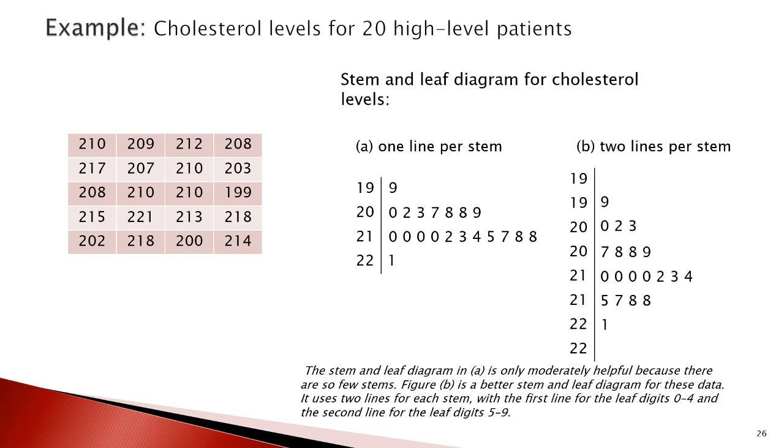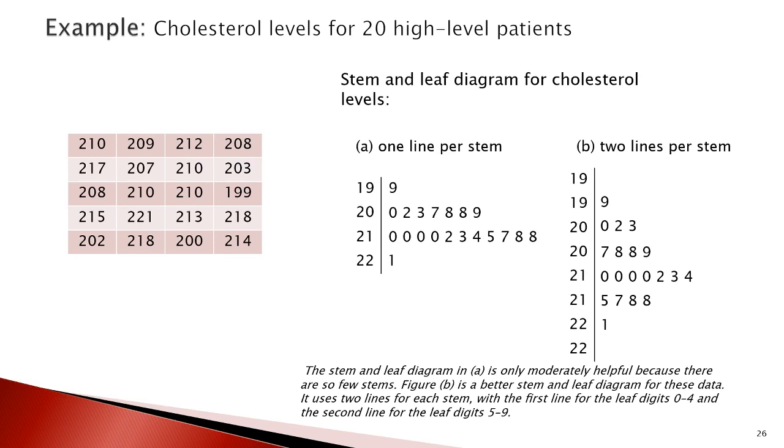We can make it a 2 lines per stem diagram, like this. The stem and leaf diagram in A, the first one, is only moderately helpful because there are so few stems. The second diagram, the 2 lines per stem diagram, is a better stem and leaf diagram for this data because it has more stems.